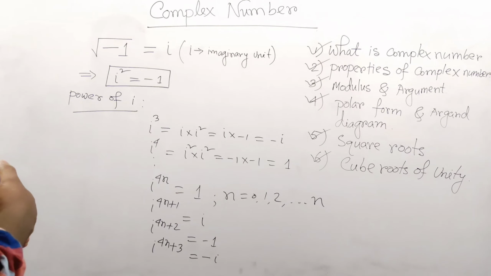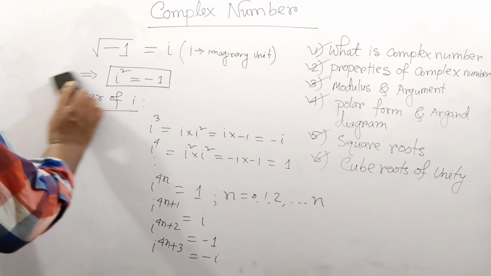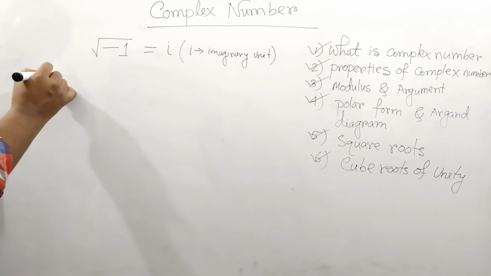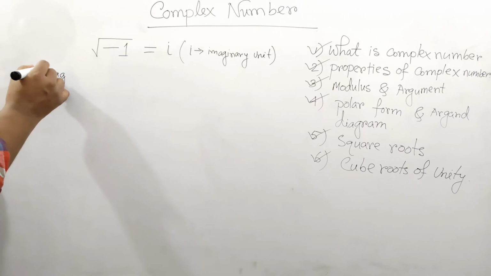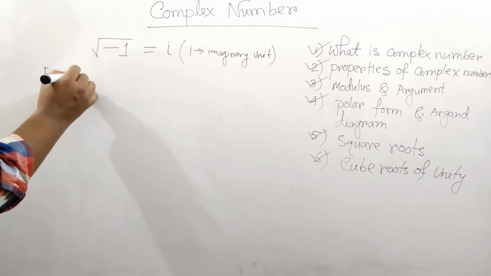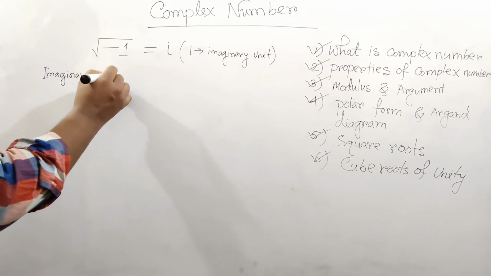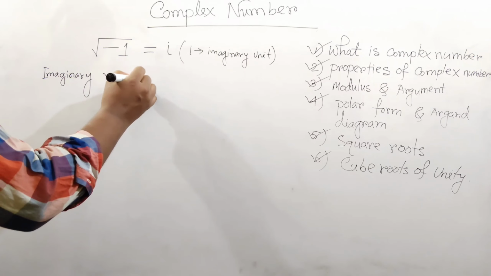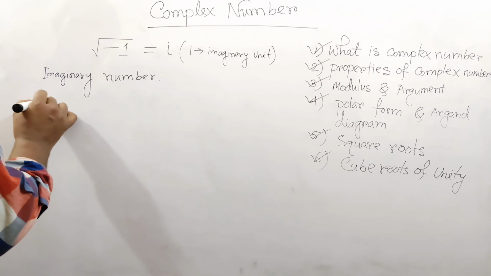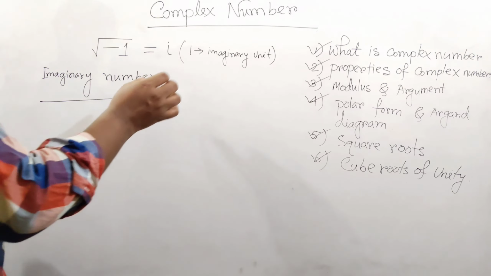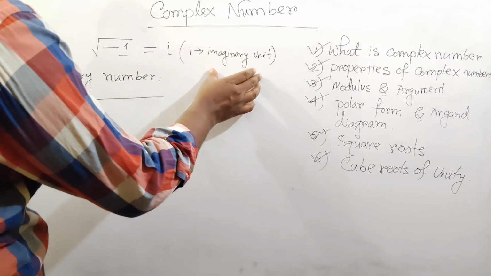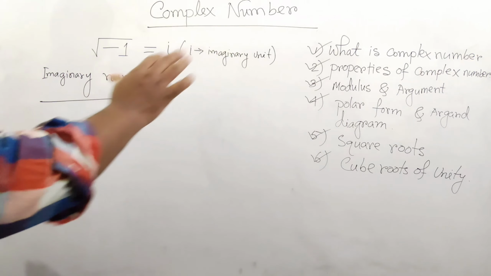Okay, now we will learn what an imaginary number is. An imaginary number is made when we multiply the imaginary unit with any real number.